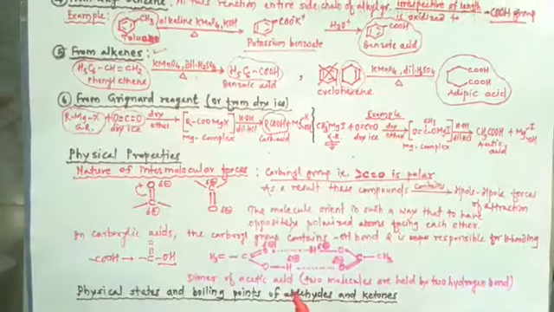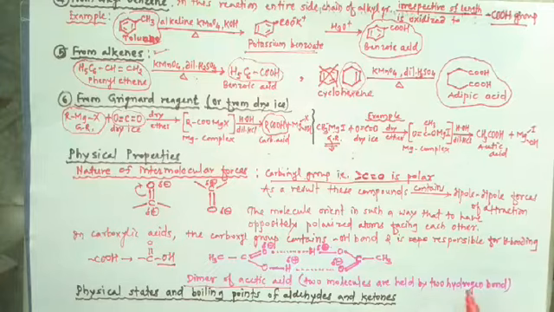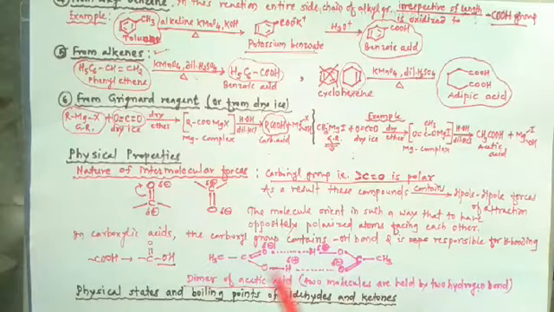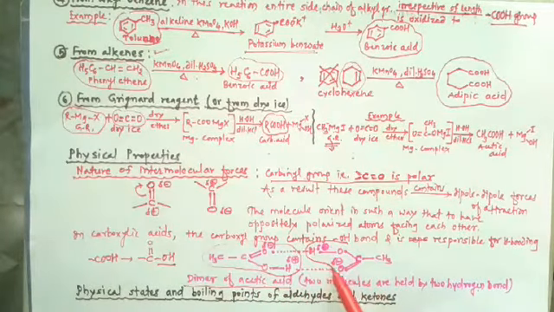So let's consider one example, that is the dimer of acetic acid. Two molecules of acetic acid are held by two hydrogen bonds. This is one molecule of acetic acid, this is another molecule of acetic acid.